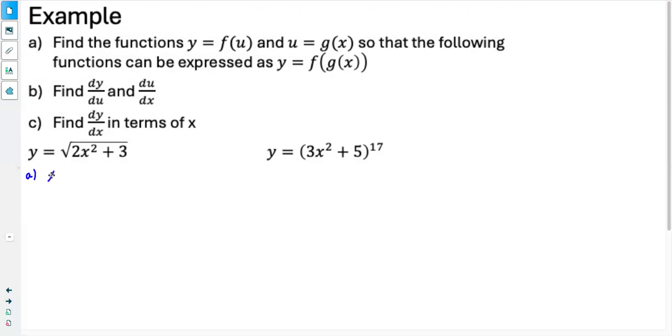So we'd have y is equal to the square root of u. So here's our function, it is relying on the variable u. Now, our function u is what's inside this, so we're going to say that u is equal to 2x squared plus 3.